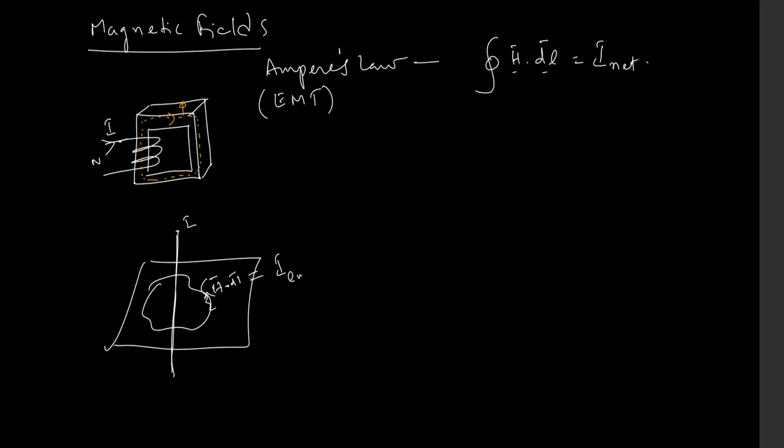Now similarly here, what is happening, right? So there are so many turns. So if I see here the cross section, so many currents are there here, and the flux is now enclosing, right? So I net is equals to simply the integral of H dot dl.